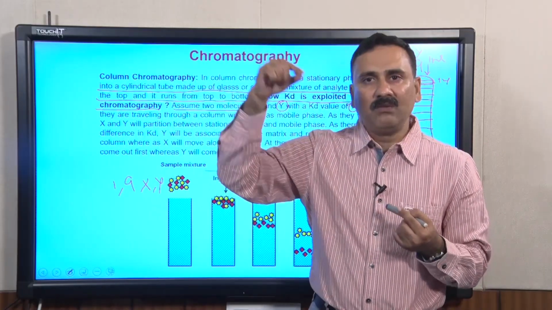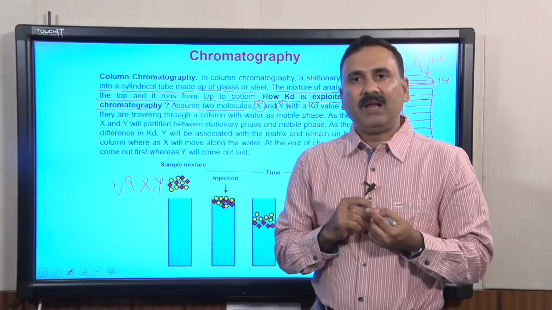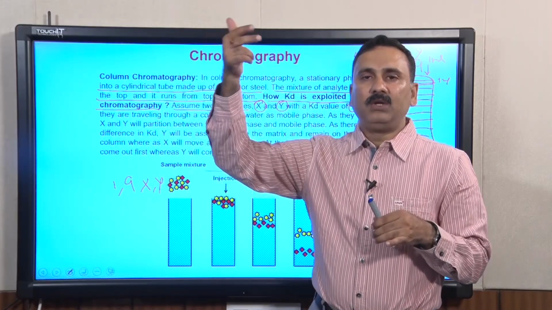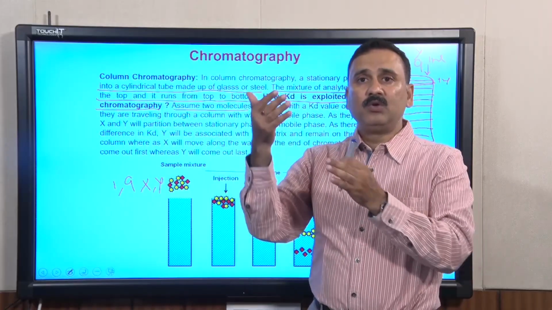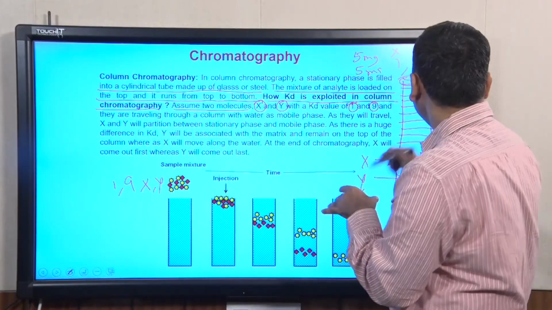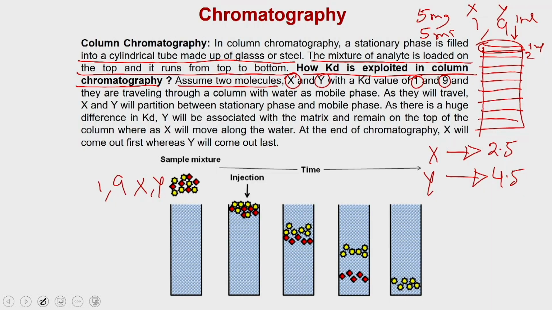Now, if you flow one more ml, 1.25 milligrams of X is going to be transferred to layer number 2, and the 1.25 from the aqueous phase is going to be transferred into the first layer.